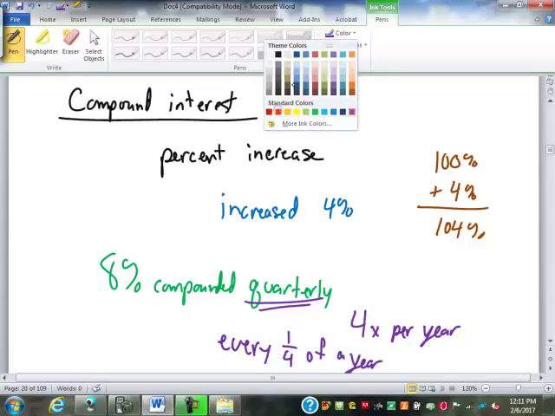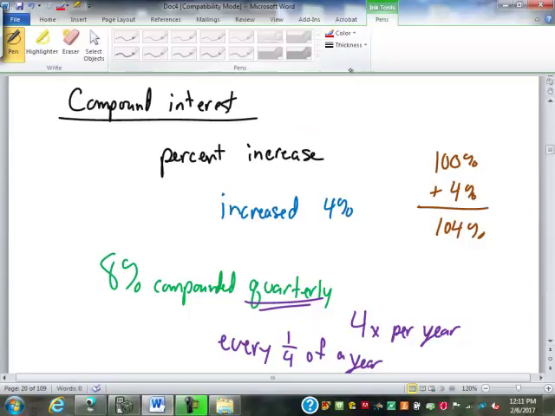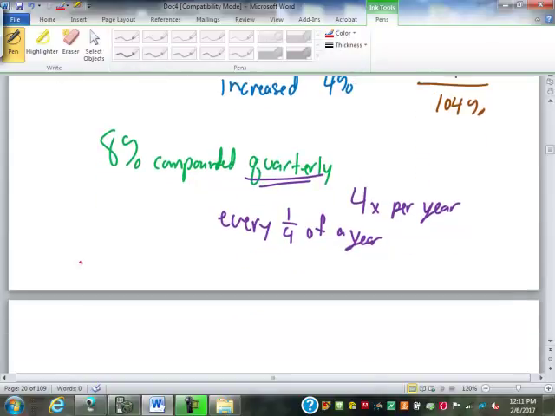So what that means is, since the interest is figured in every 1/4 of a year, the amount of interest in a quarter is going to be the principal times our rate, which is the 0.08 for the 8%, times 1/4, which is a quarter of a year.